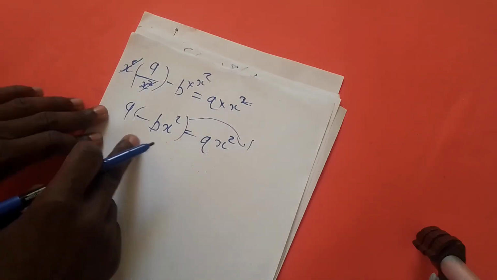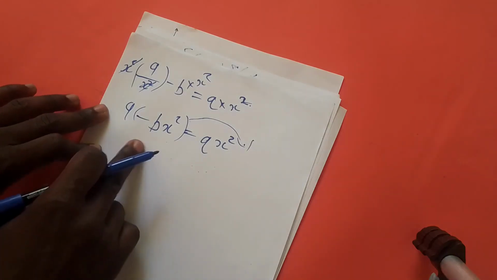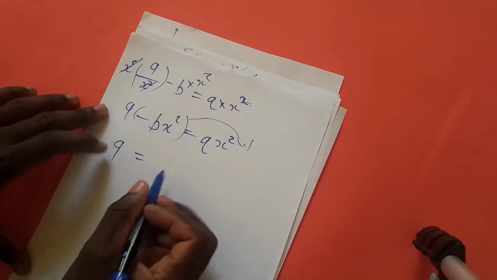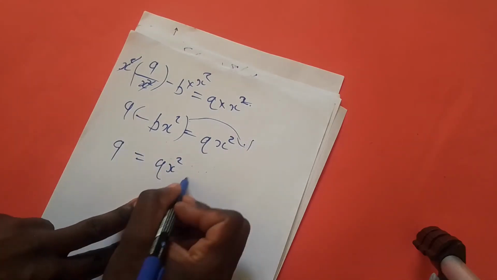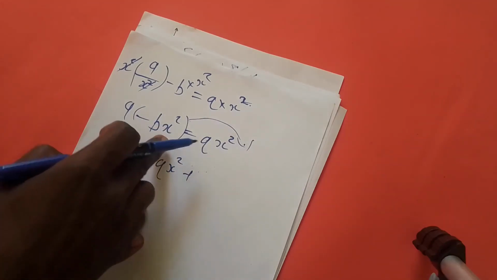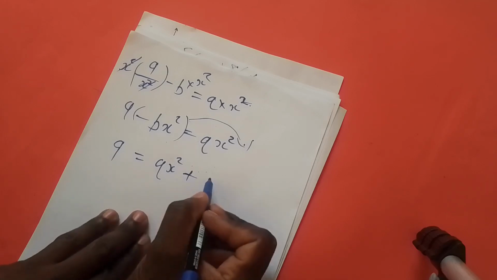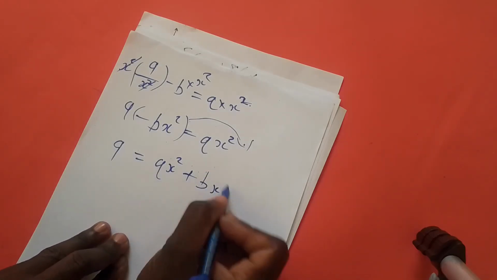So we have negative bx squared, and when it jumps across the equal sign, it will become positive bx squared. So therefore we have 9 equal to qx squared plus bx squared.